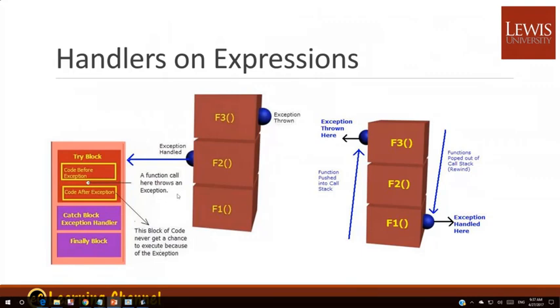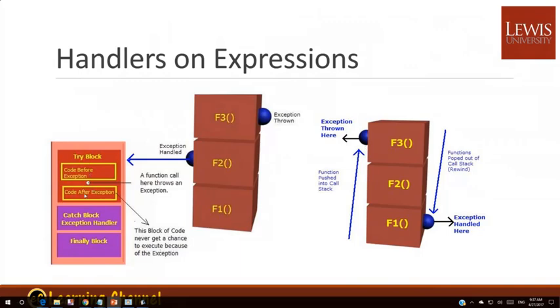So if the exception happens, say this is the main program, and we have function F1, and inside F1 you may call function 2, and then function 2 may call function 3. So your functions are pushed into the call stack, and it will stack up.